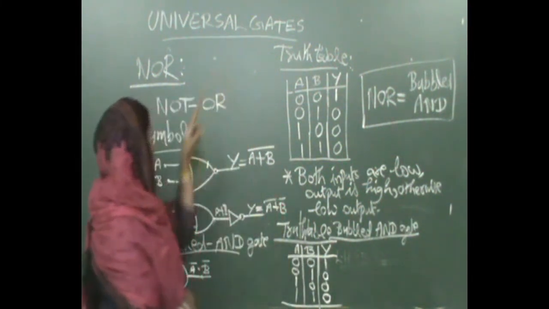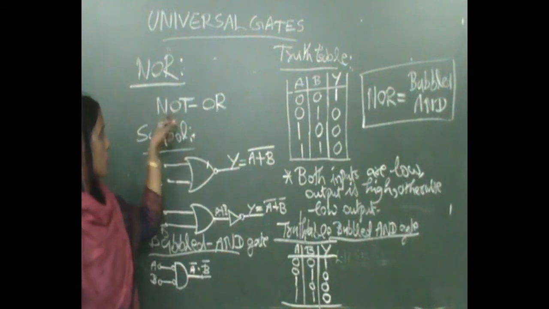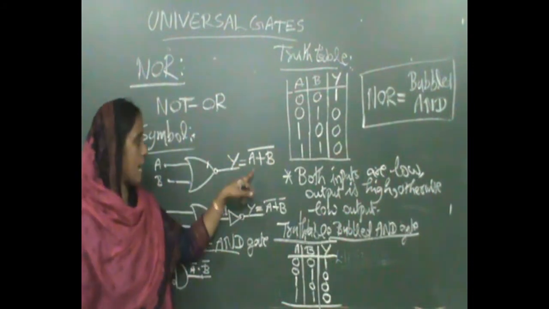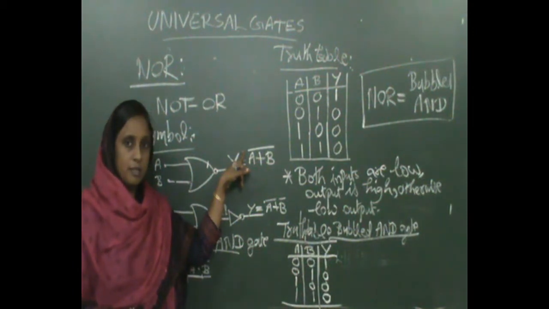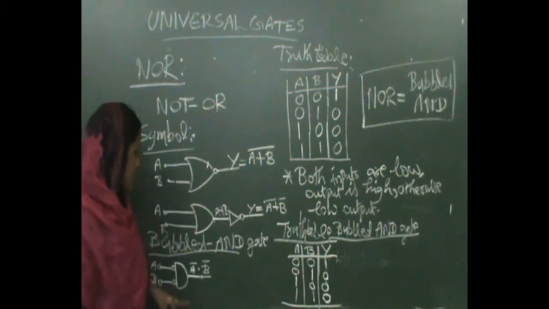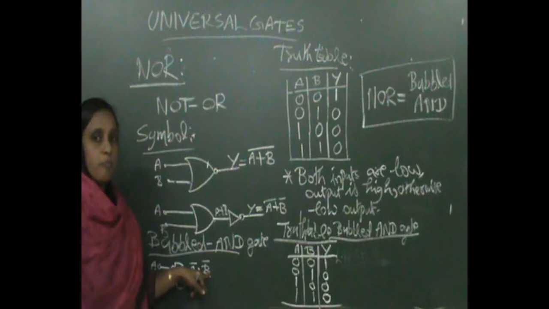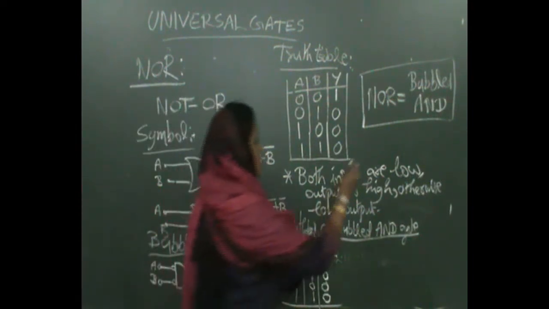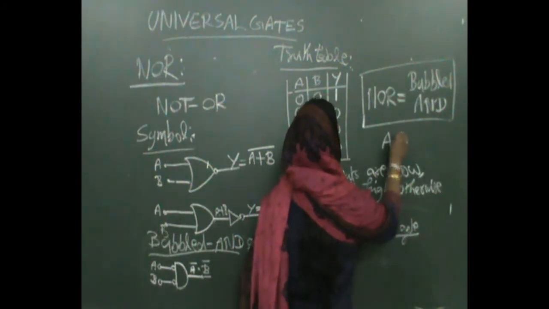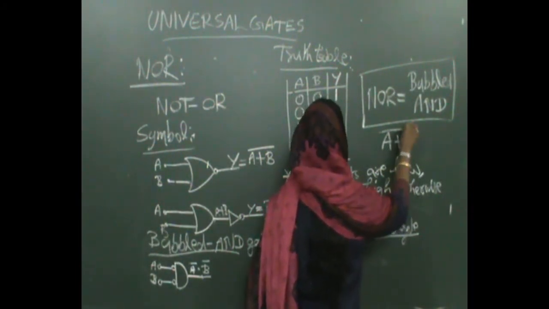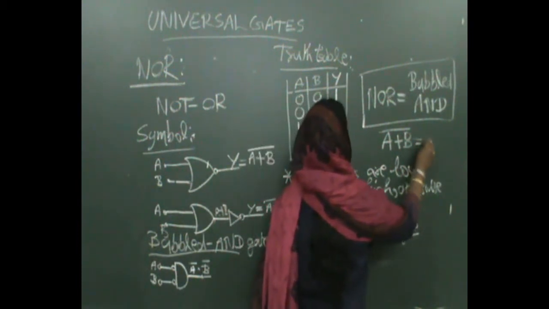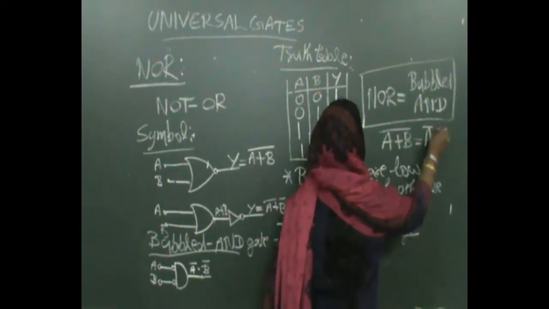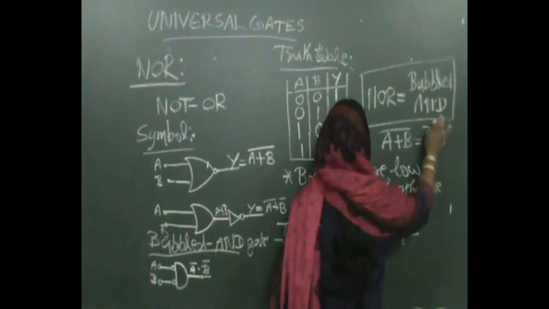That means if you want to write this NOR gate as A or B whole complement, it is equivalent to writing A complement and B complement. That means A or B whole complement equals A complement and B complement.